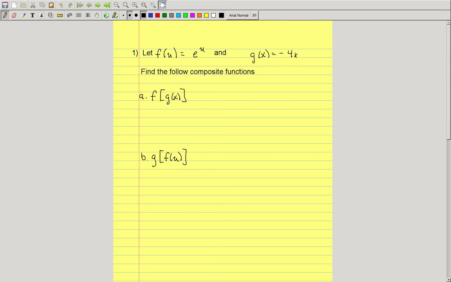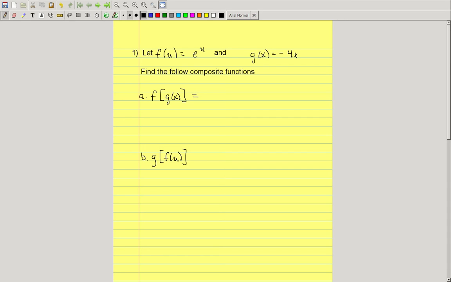Let's look at some examples of composite functions so that we get better at recognizing them, and that will allow us to move forward with our differentiating skills in further videos. So we're going to take the function f of u equals e to the u and the function g of x equals negative 4x and write the following compositions.